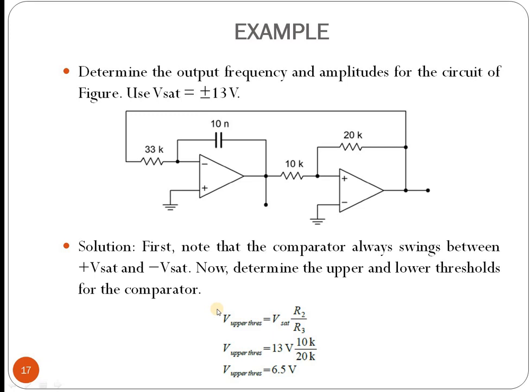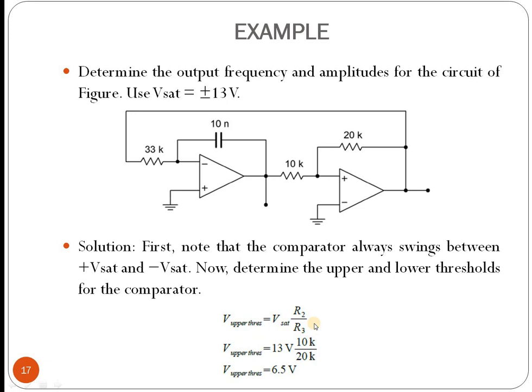An example related to the square function generator: determine the output frequency and amplitudes for the circuit of this figure, using V saturation equals plus minus 13 volt. First, note that the comparator always swings between V saturation and minus V saturation, so we need to find the upper and lower threshold voltages. We use the equation V upper threshold equals V saturation times R2 divided by R3.